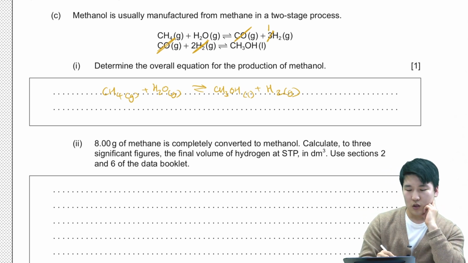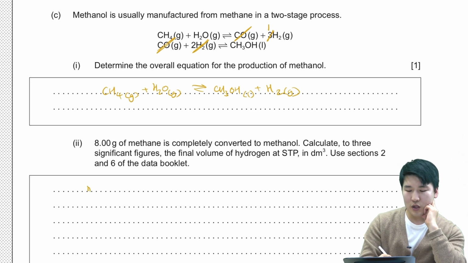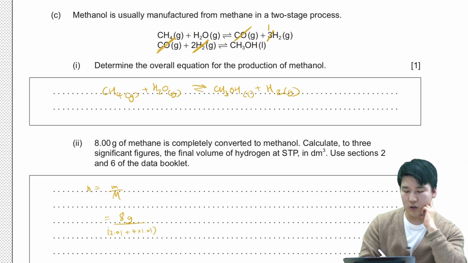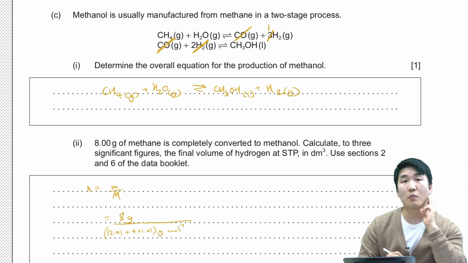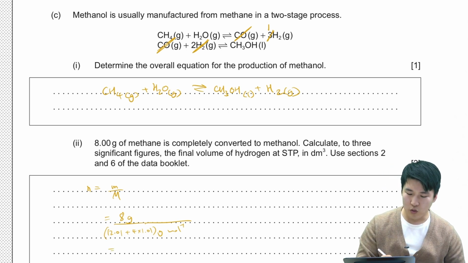So if we know the moles of methane inputted, which can be calculated as m over M equals n, where small m is 8 grams over the molar mass of methane. Methane has the molar mass of 12.01 plus 4 times 1.01, which in total will give grams per mole, which is the unit for molar mass.